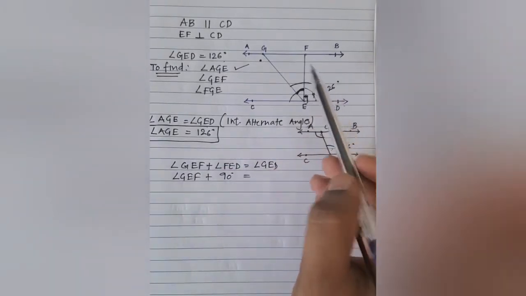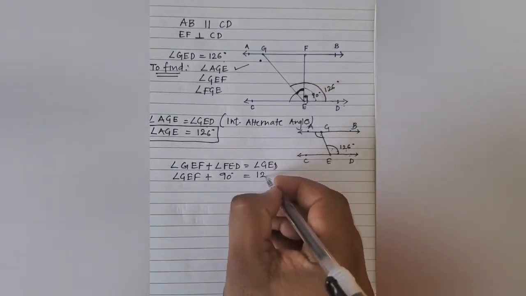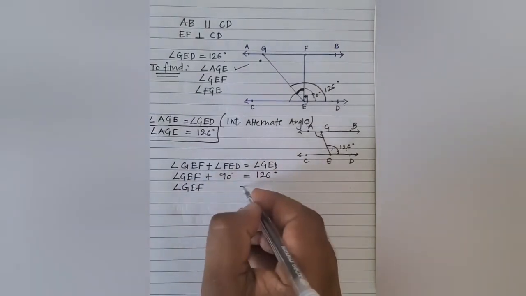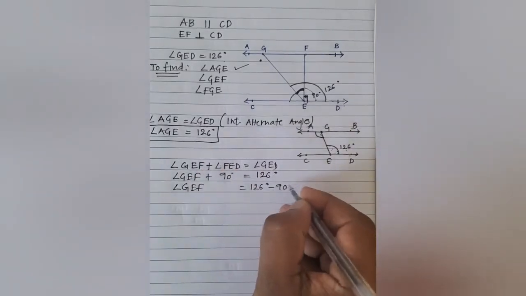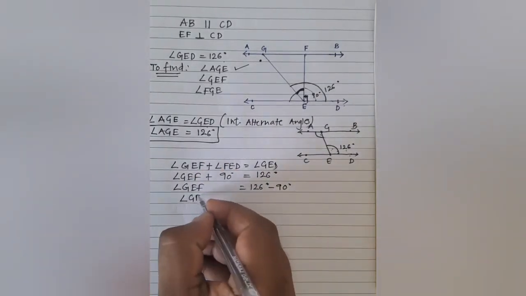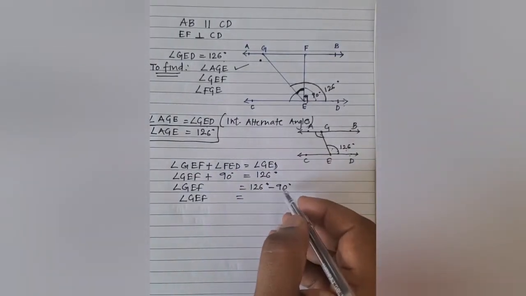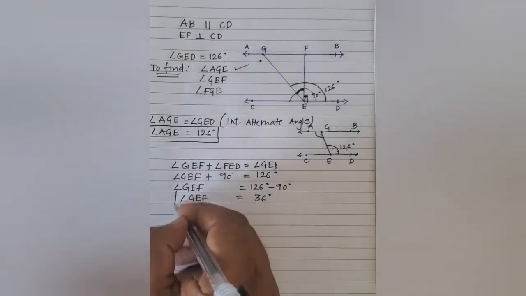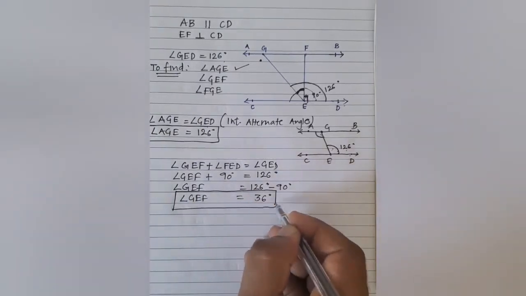What is GED? The whole, that is equal to 126. So GEF is equal to 126 minus 90. Please calculate what it is. Yes, it is equal to 36 degrees. So I've got the value for the second one also: GEF is equal to 36 degrees.